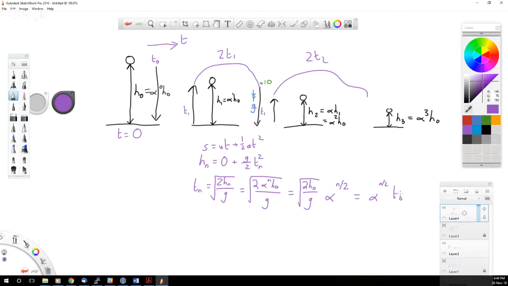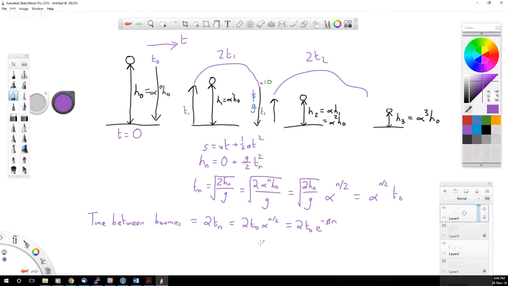And we've said that the time between two bounces equals 2Tn, which equals 2 T0 alpha to the n over 2. And we're showing that this can be written as 2 T0 e to the minus beta n.